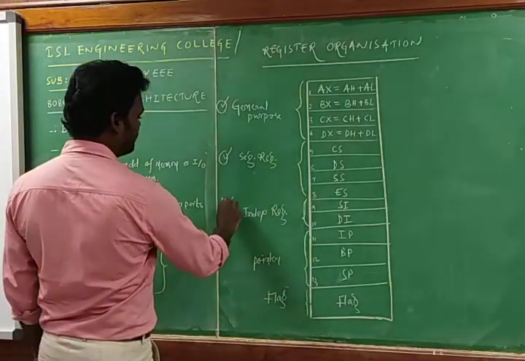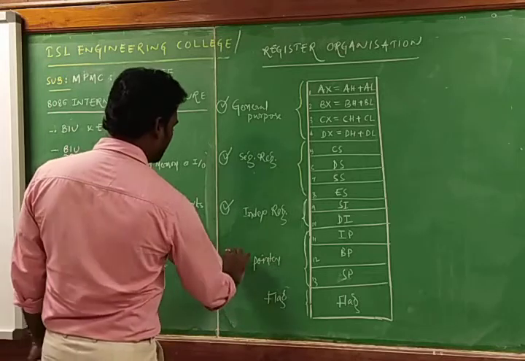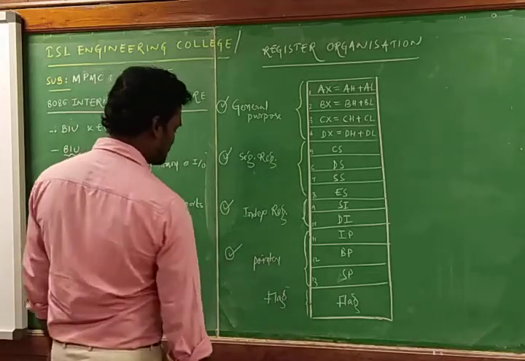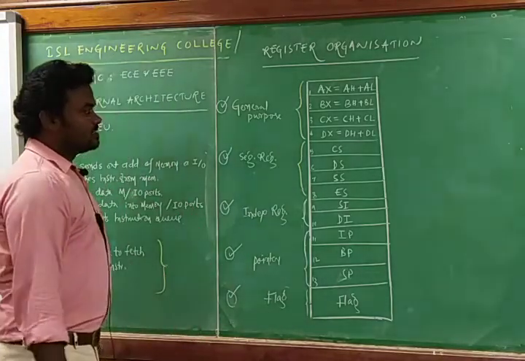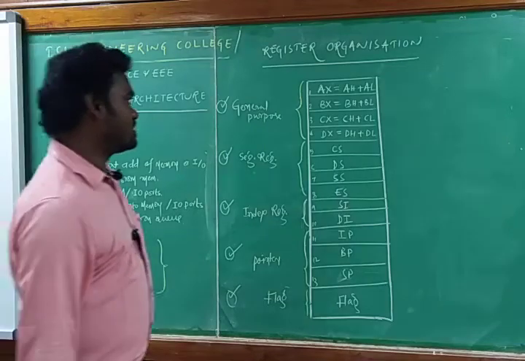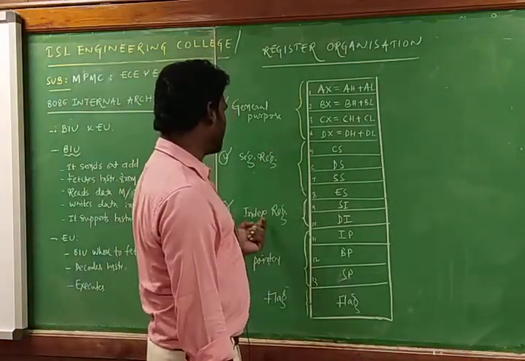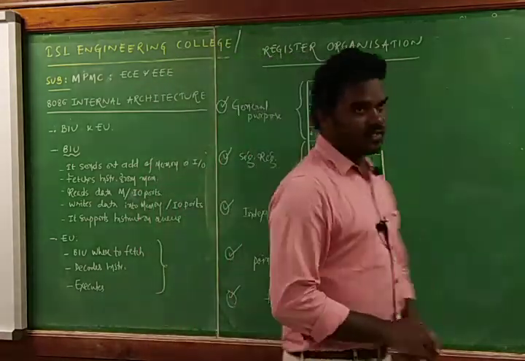Then the index registers, 2 registers, and the pointer registers, 3 registers. The last classification is the flag registers. Already we have discussed these, and I am going to explain the same again.